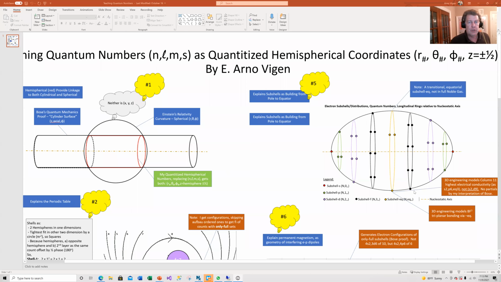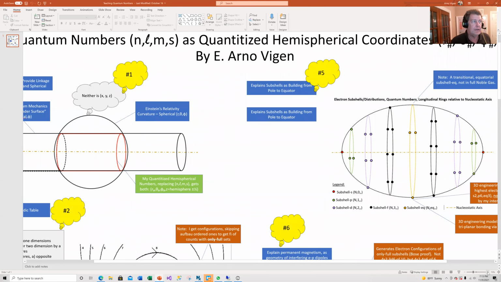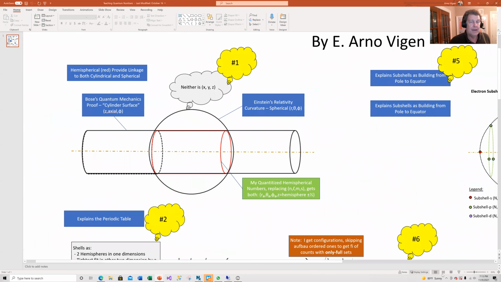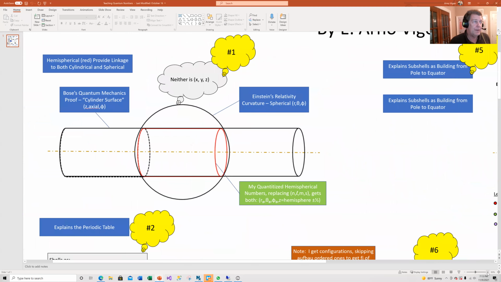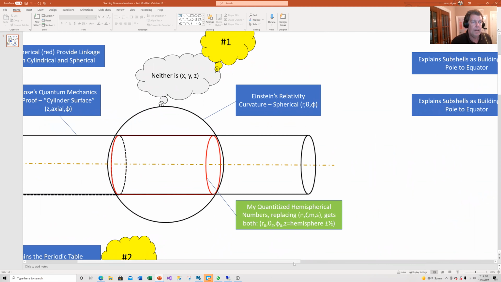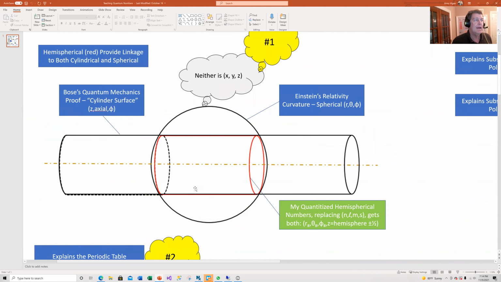Now, this all starts as the most basic challenge in physics. And that is, we have equations in a whole bunch of different frames of reference. You see, when you're talking about normal space, it is x, y, and z, and you can do x squared plus y squared equals c squared.